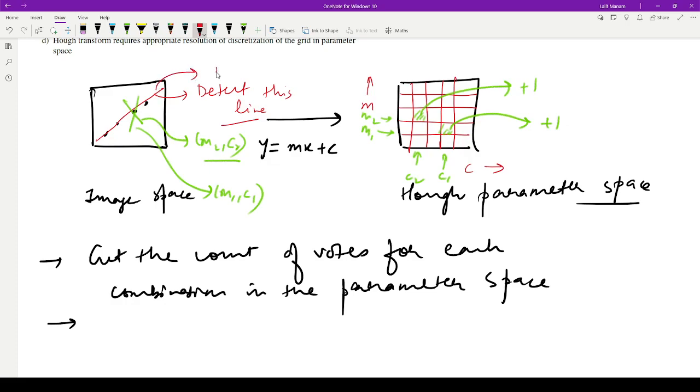For instance, this is M star and C star. This might lie somewhere here. So this will have the maximum votes, right? The maximum number of points passing through this line. Correct?